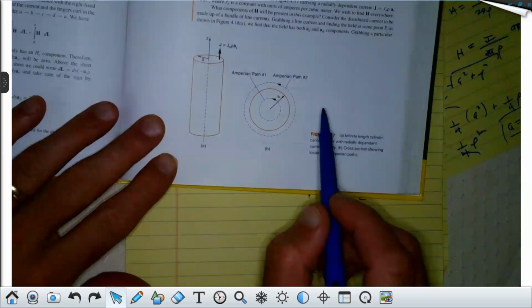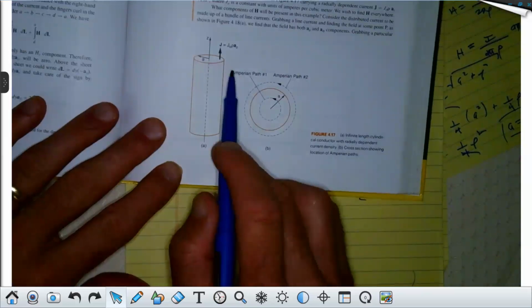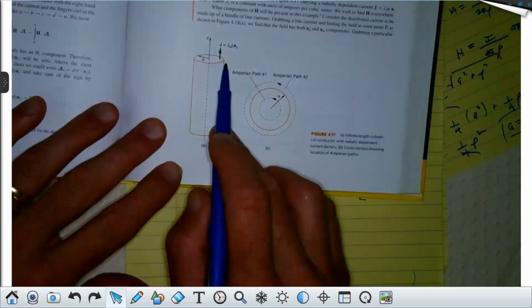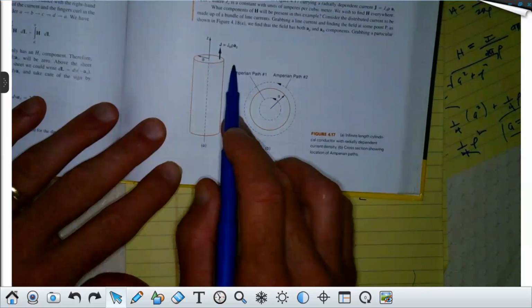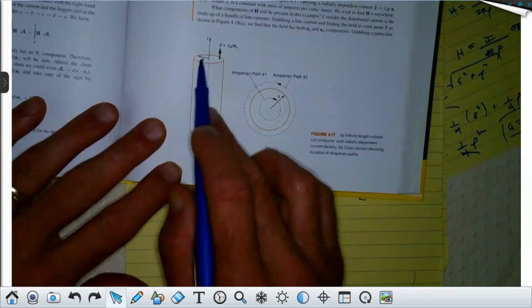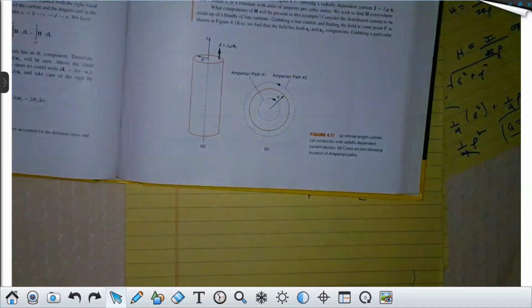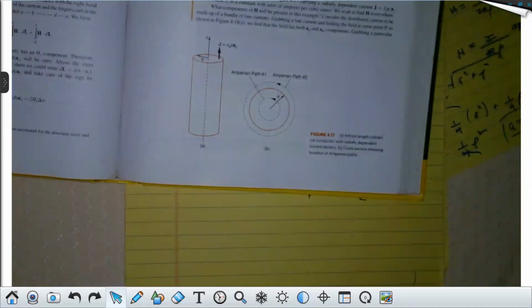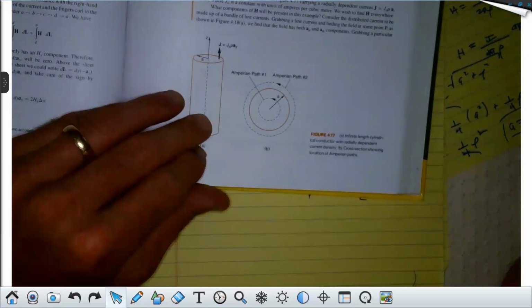If you have current flowing in a cylindrical system and you want the H field anywhere, you always have to find the total amount of current that's piercing that cylindrical surface. If you take H dot dl, the actual surface would be a circle, basically a plate, right? You have to find the amount of current that pierces that plate and equate it to 2 pi rho H.